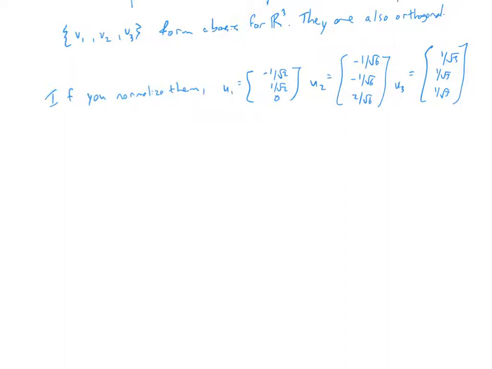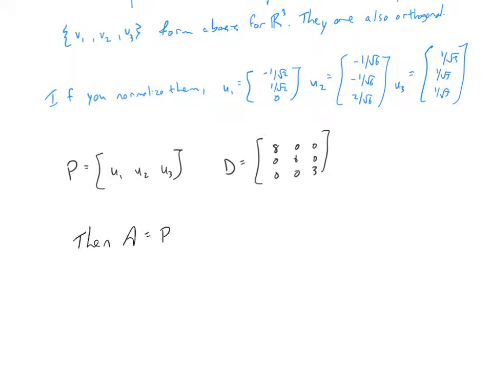And then the corresponding decomposition, PDP inverse: if my P matrix is u1, u2, u3, so it's that orthonormal basis, and then the diagonal matrix D is 8, 0, 0, 0, 6, 0, consisting of those eigenvalues from above, then the significant fact here is that A is equal to PDP inverse, but P inverse is the same as P transpose.